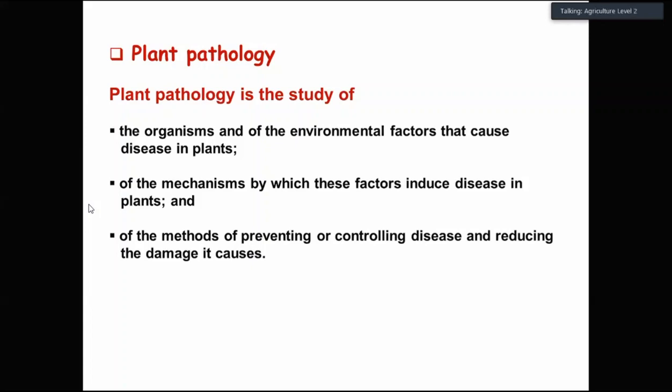So three distinct features of the subject: organisms and environmental factors, the mechanisms, and the methods of preventing the disease. That means a plant pathologist basically has three major works or businesses to deal with. The subject deals with these three major things.